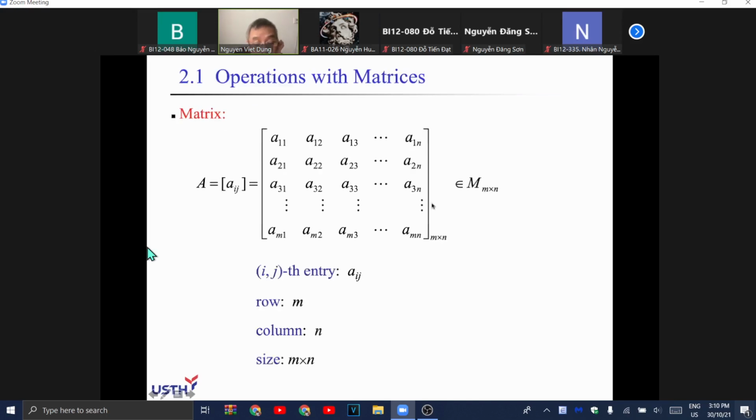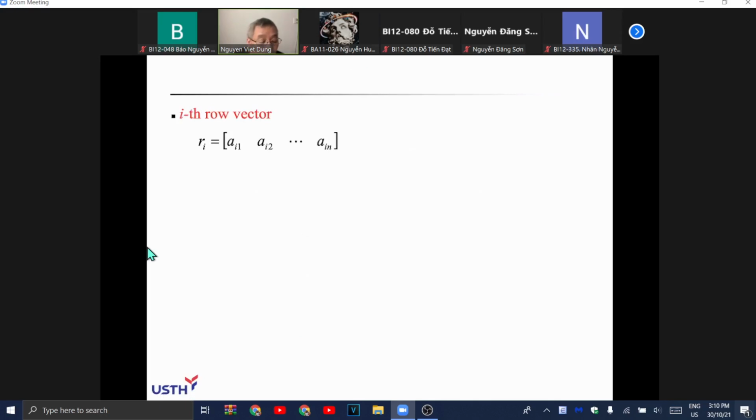Given such a matrix, it can be divided into rows and columns. The ith row will be written like ai1, ai2, up to ain, and we call it a row matrix; it is the ith row.